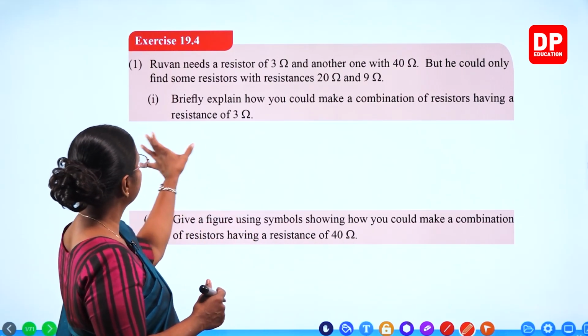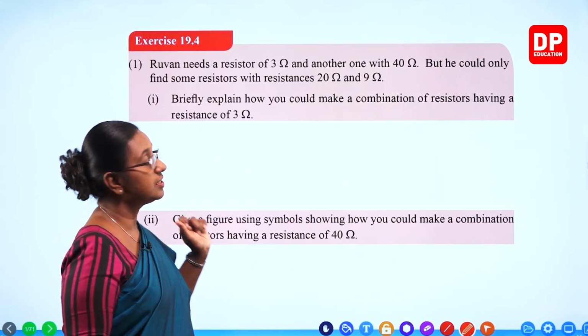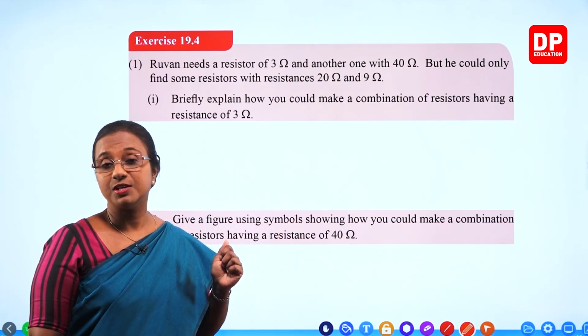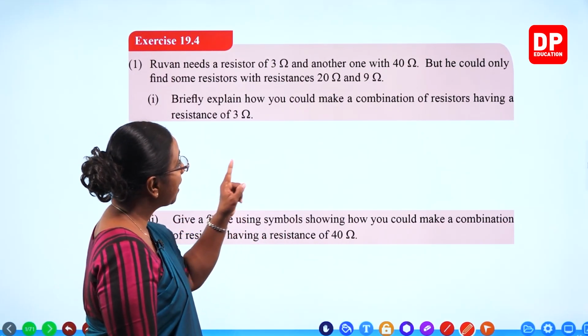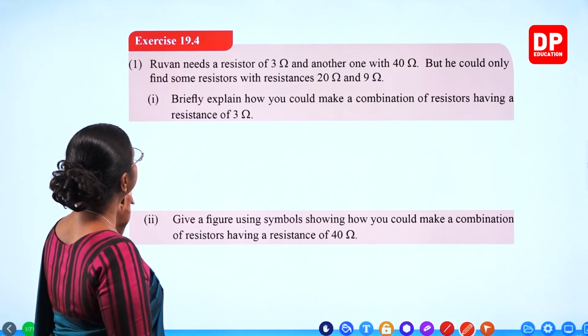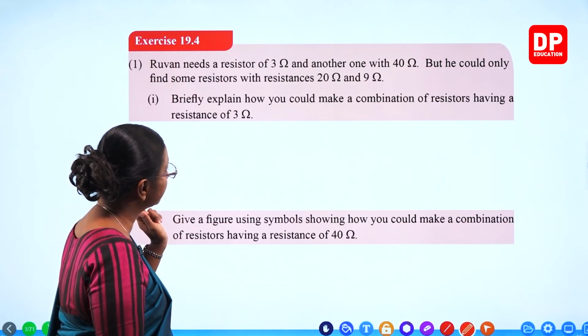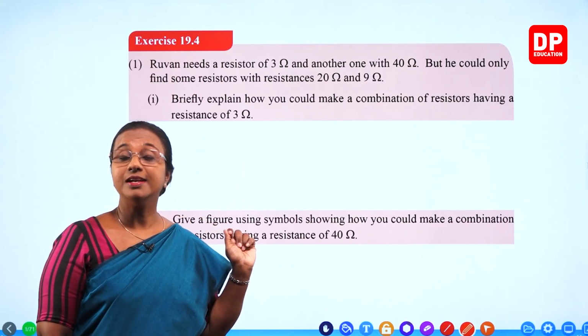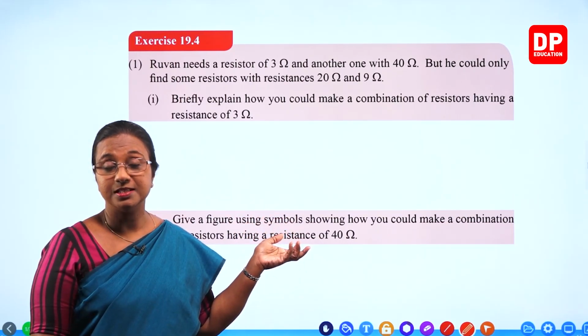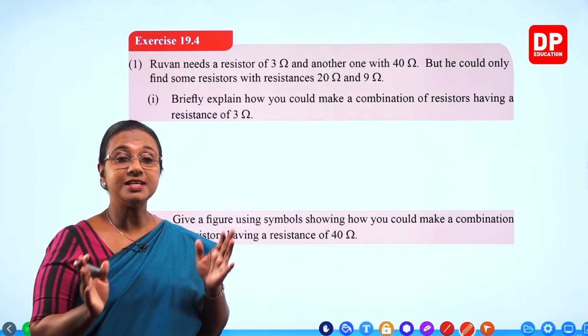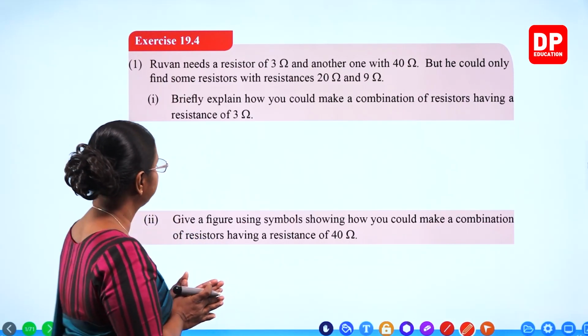But when they say a particular resistor with a fixed value, then it refers to fixed value resistors. But he could only find some resistors with resistances of 20 ohm and 9 ohm. So that confirms it: 20 ohm fixed value resistor, 9 ohm fixed value resistor.